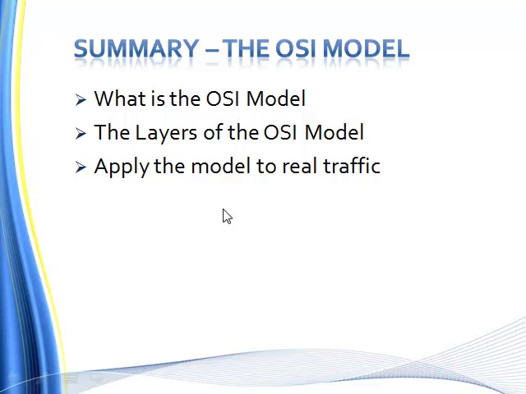We reviewed the layers of the OSI model. There are 7 layers, and you will need to memorize the 7 layers: application, presentation, session, transport, network, data link, and physical. I had to think about it for a second. But what you want to do is come up with a mnemonic.